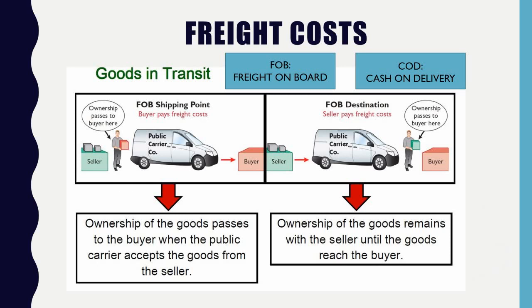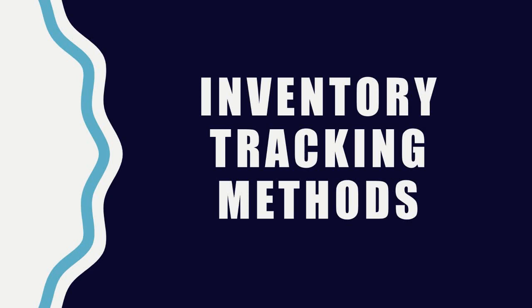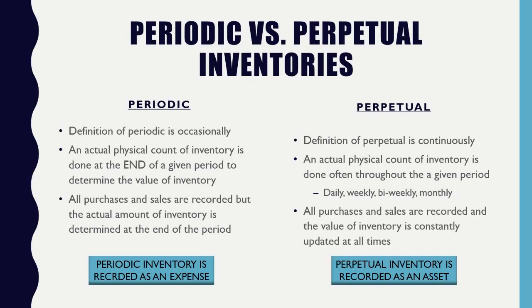No? Okay. So now let's talk about the inventory tracking methods. There are two types of methods that we use to keep track of inventory: periodic and perpetual inventory.